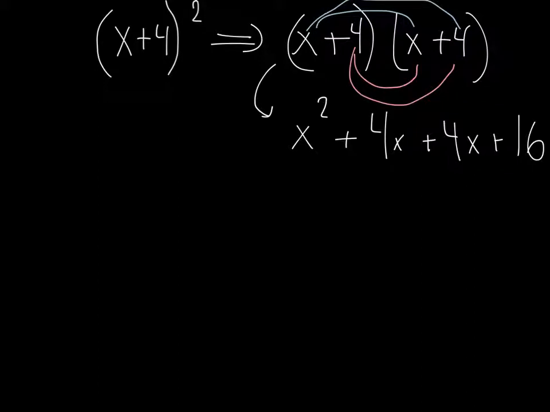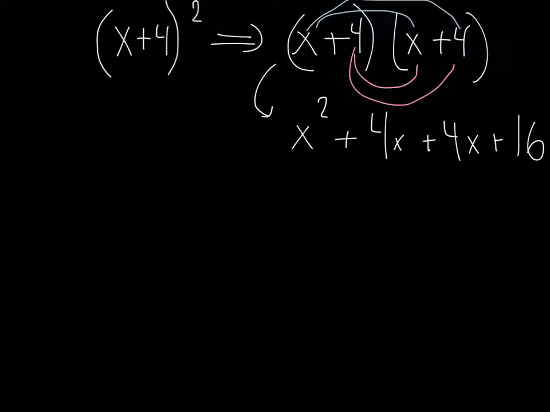But we're not done yet. Let's add the like terms, or subtract the like terms, whichever one comes in here. These two are like terms. So let's do that. The answer would be, let's always use standard form.